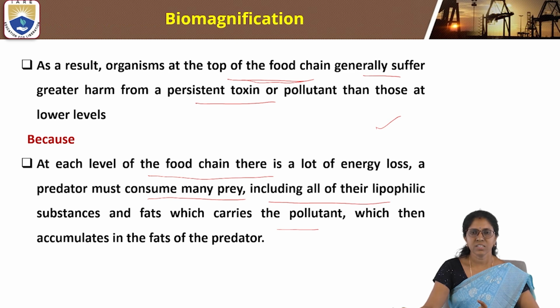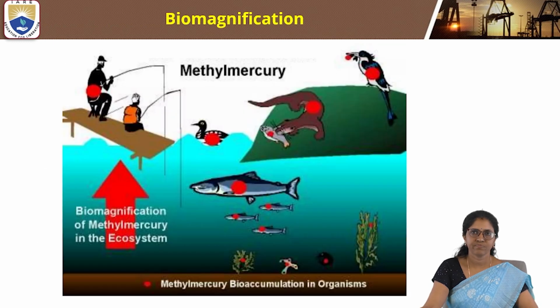Each prey is carrying pollutants and toxins, so as the predator consumes many prey, the concentration of pollutants is greater in the predator than in the prey. So the organisms at the top of the food chain suffer greater harm from the persistent toxin or pollutant than those at lower levels.